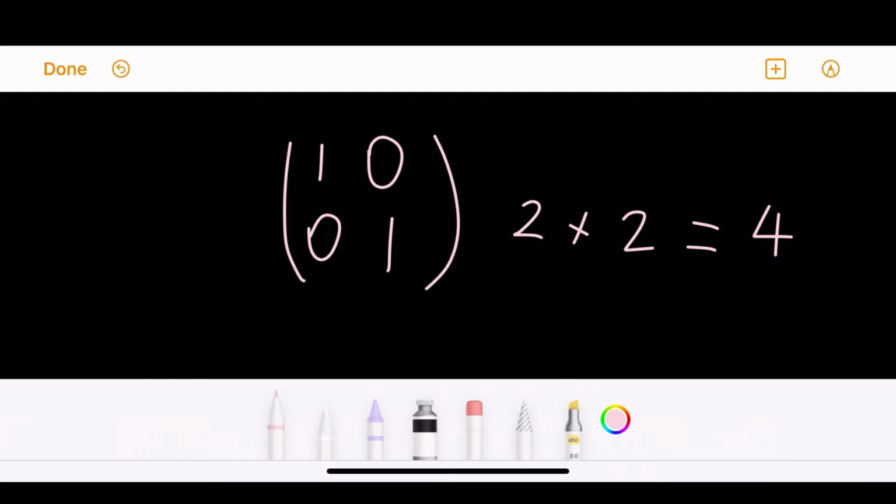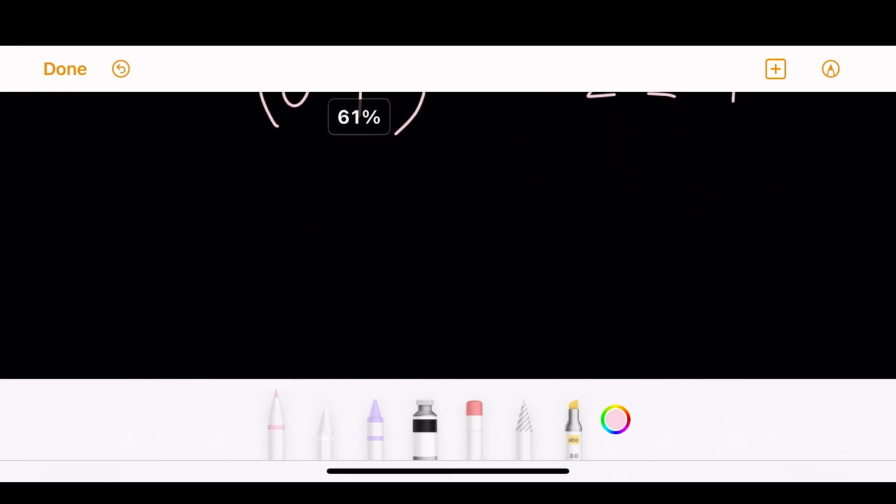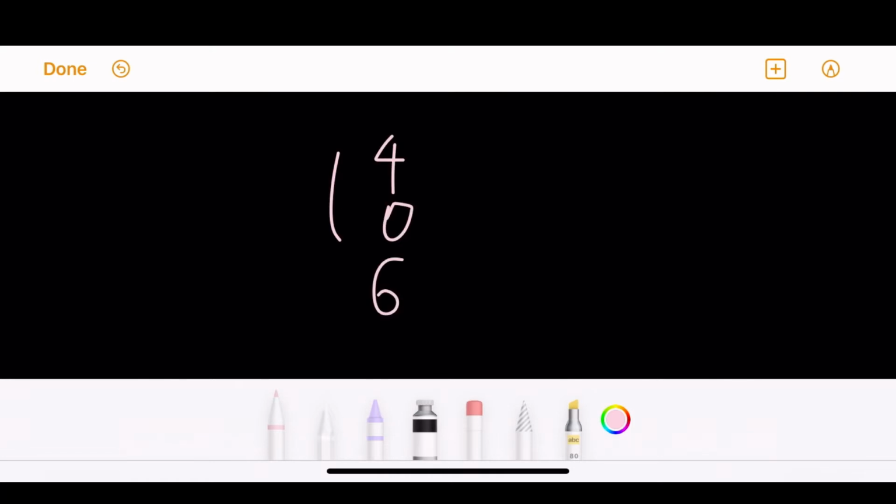Now let's look at one more matrix, which looks like this: 4, 0, 6. I'm going to extend this bracket. 4, 0, 6. Right, and this one has 3 rows and 1 column.